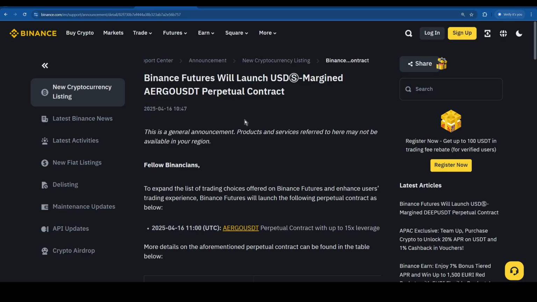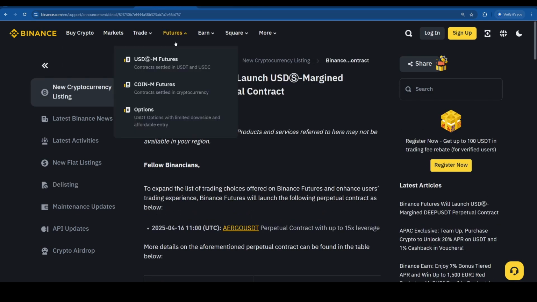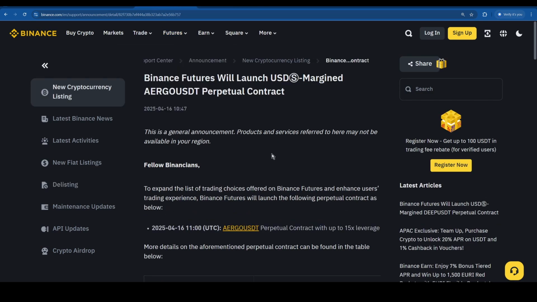This is quite weird to me actually, because I remember AERGO being on Binance and then it being delisted, which was actually quite recently. Right here on the 28th of March, it says Binance will delist AERGO among other coins. But then just in a couple of weeks, it listed back. What's the deal here?